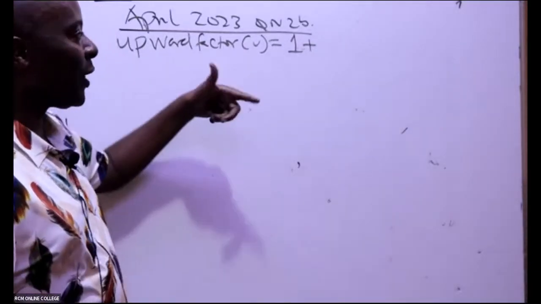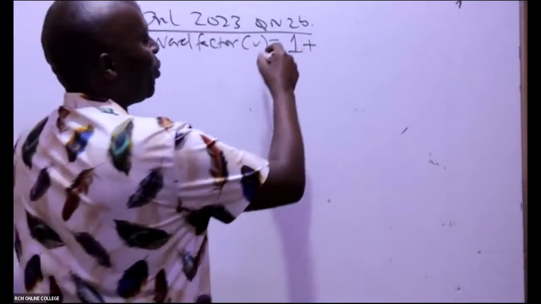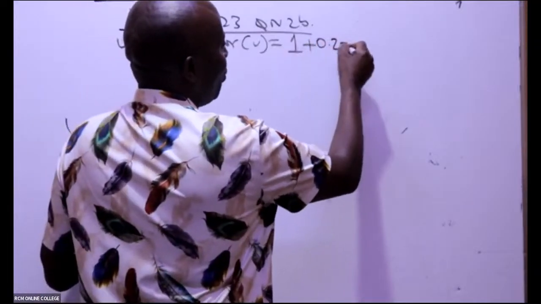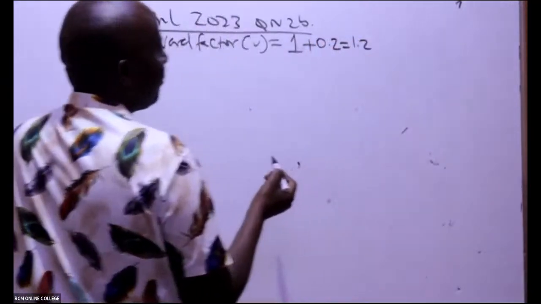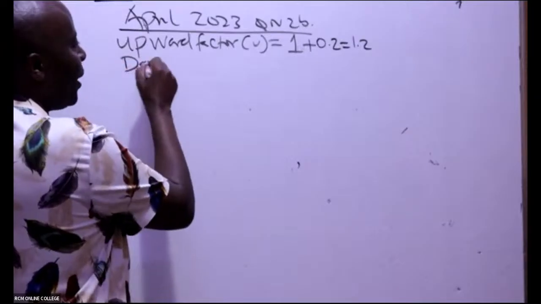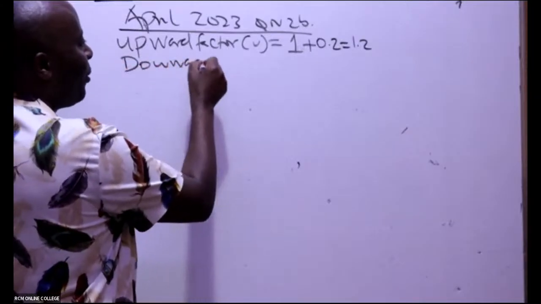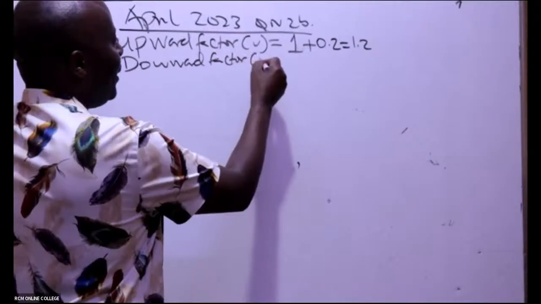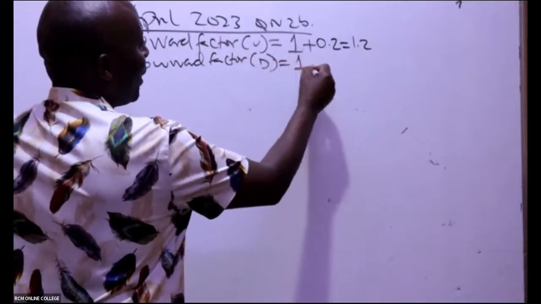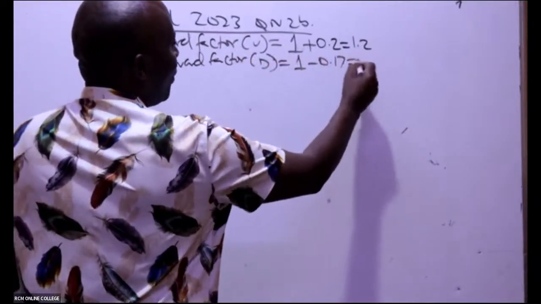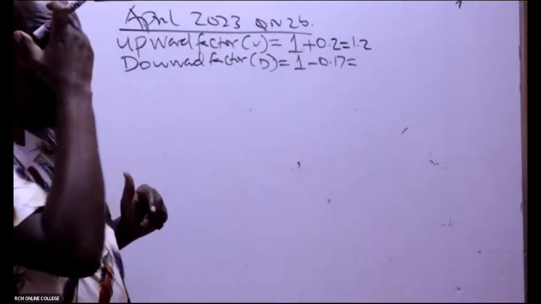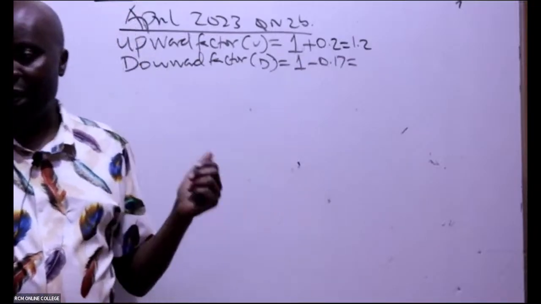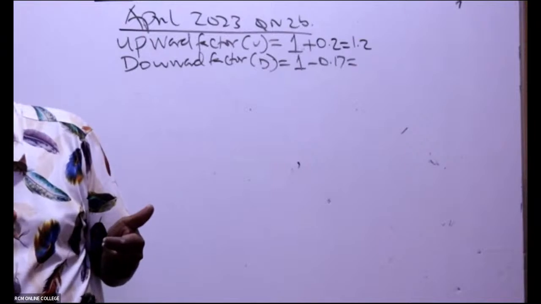So the upward factor U is 1 plus 0.2, which will be 1.2. And then we have the downward factor, D. In this case, we can see a situation where our price is going down by a whole 17%. So then our D will be equal to what here, somebody?